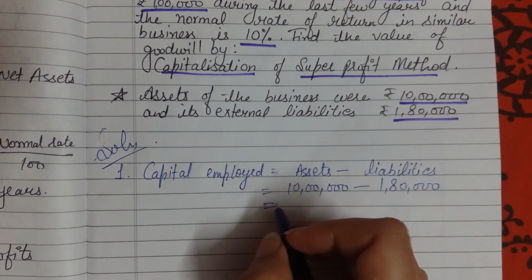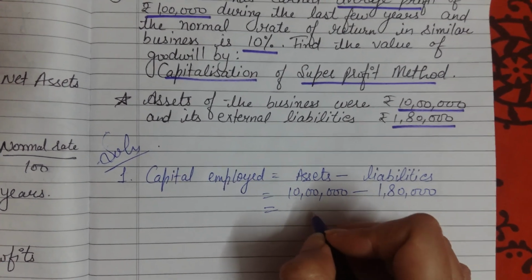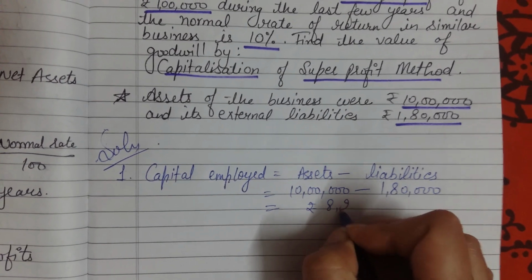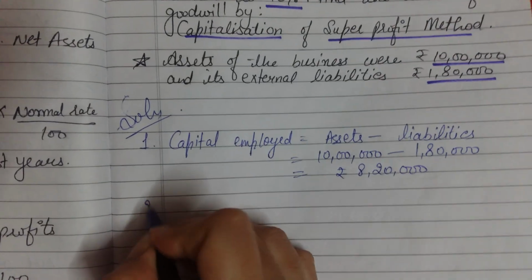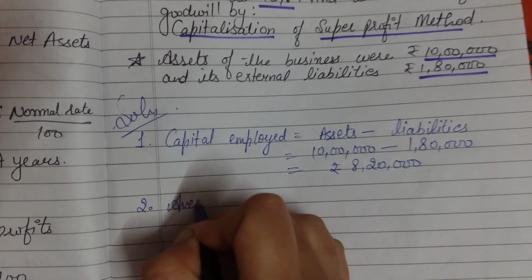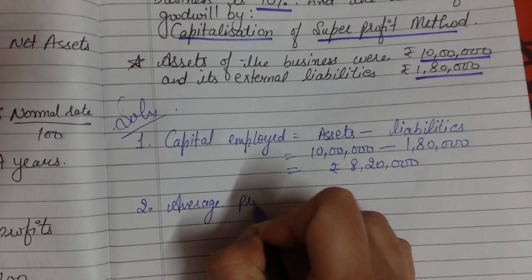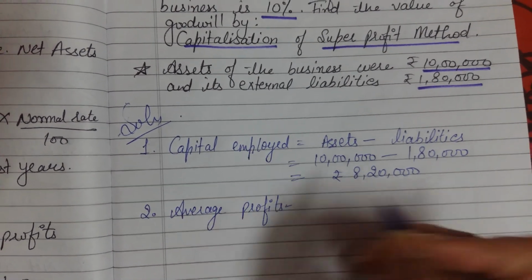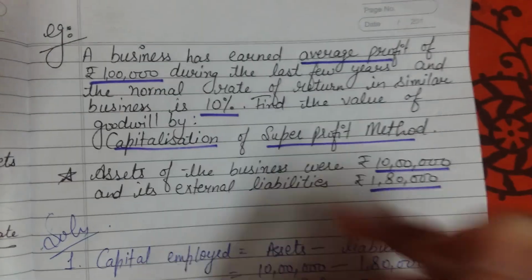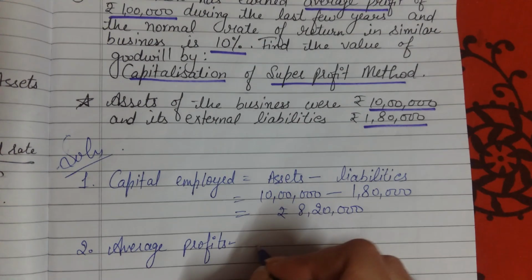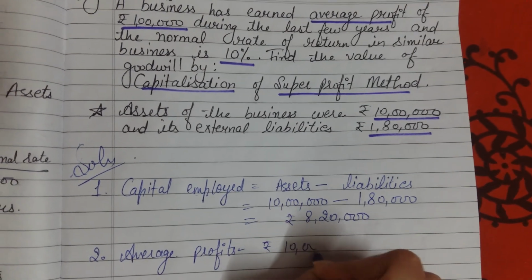So the capital employed here becomes rupees 8 lakh 20,000. Clear? Next step is to calculate the average profits. Now in this question we already had our average profits, so the average profits are rupees 10 lakh.